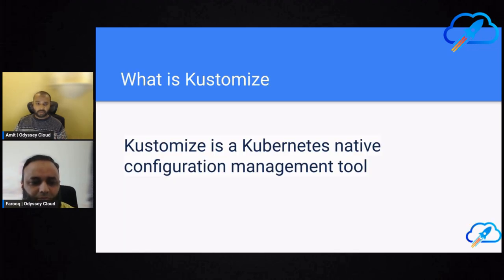So what is Kustomize? Kustomize is basically a Kubernetes native configuration management tool. So whether we talk about just our kubectl resources or Kubernetes resources, YAML files, it can all be managed and configured using Kustomize or Helm.